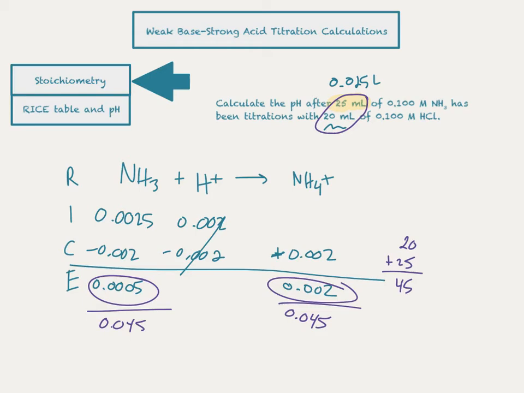This leaves me with 0.0111 molarity for the ammonia and 0.0444 repeating molarity for the ammonium ion. Now we just need to set up a proper rice table to find the pH.